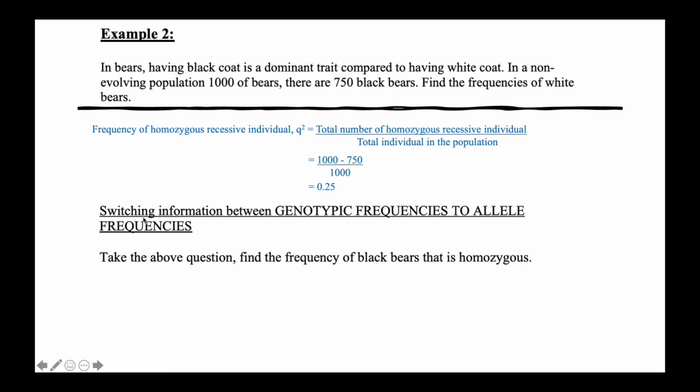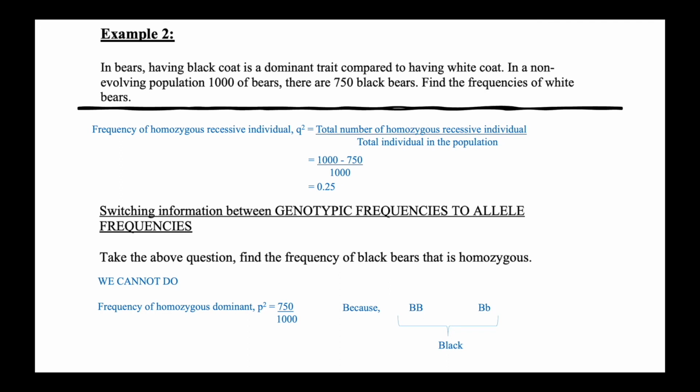For your information, we can switch between genotypic frequencies, p square, 2pq, and q square, and allele frequencies, p and q. Take the above question for example. Find the frequency of black bears that are homozygous. To find this, we cannot simply do p square equal to 750 divided by 1000. This is because black individuals can be homozygous dominant or heterozygous.